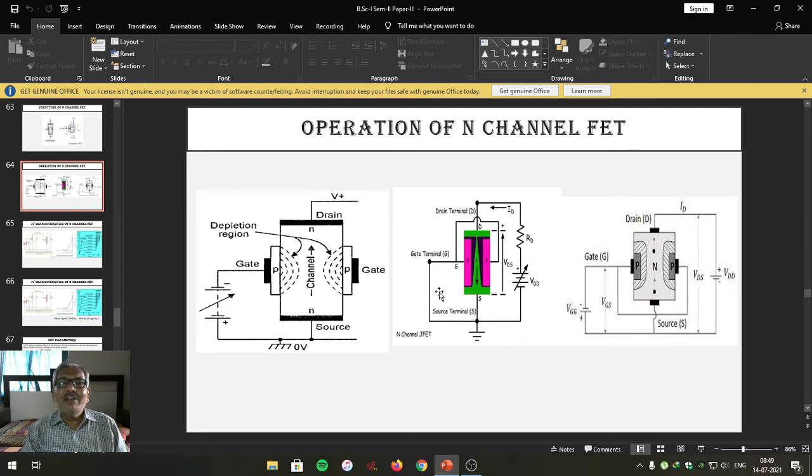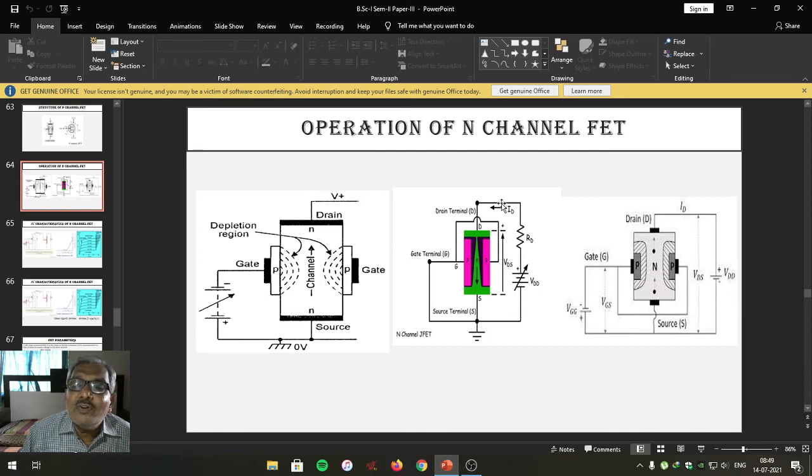In this case, for your understanding, VGG is removed. It is shorted, grounded, and battery terminal VDD is connected between drain and source, in such a way that the positive terminal is connected to the drain, whereas the negative terminal is connected to the source, so that this forward biases drain and source.